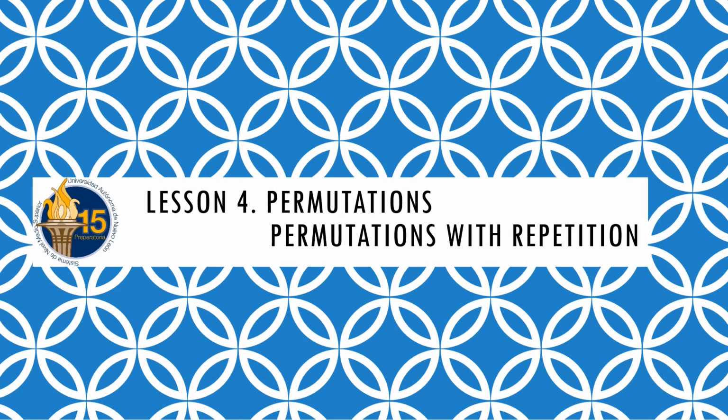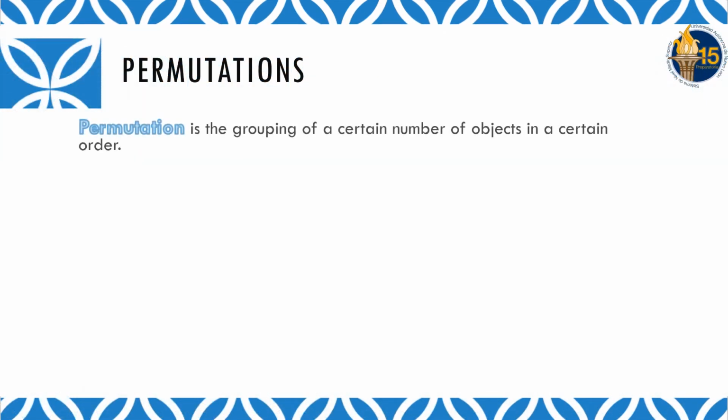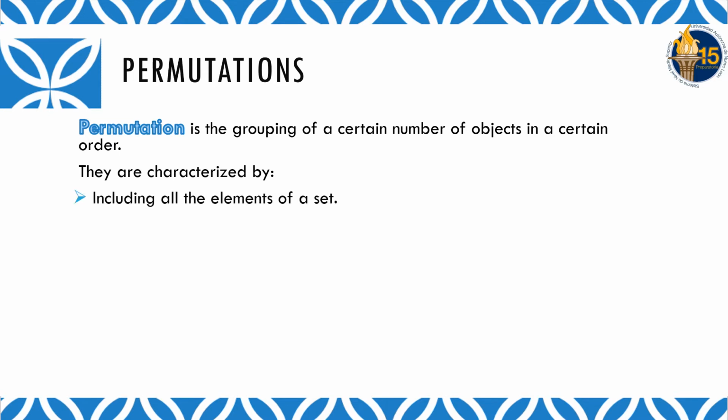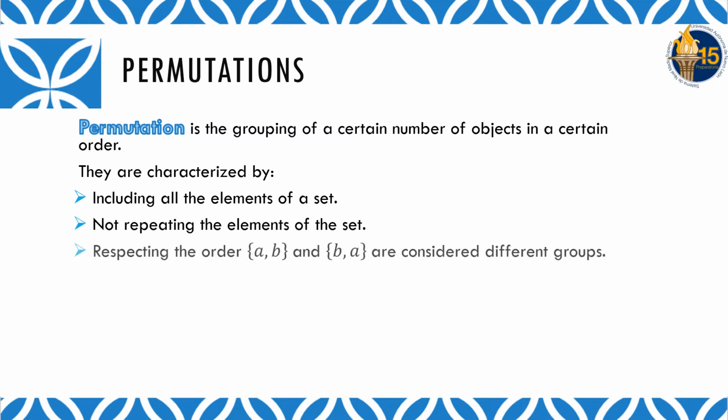Lesson number 4. Permutations and permutations with repetition. Permutation is a grouping of a certain number of objects in a certain order, characterized by including all the elements of a set, not repeating the elements of the set, and respecting the order: A, B and B, A are considered different groups.